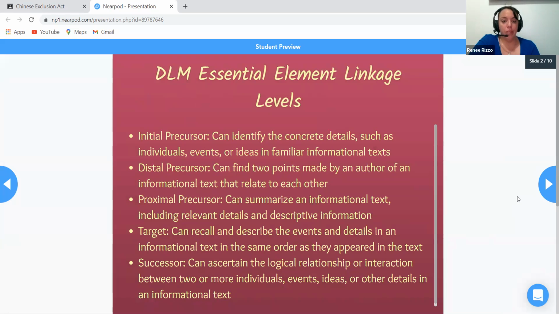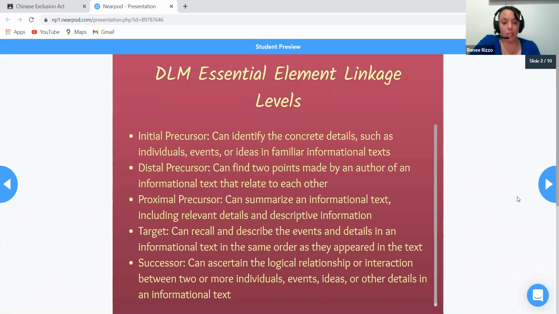DLM essential element linkage levels. Initial precursor: can identify the concrete details such as individuals, events, or ideas in familiar informational texts. Distal precursor: can find 2 points made by an author of an informational text that relate to each other. Proximal precursor: can summarize an informational text, including relevant details and descriptive information.